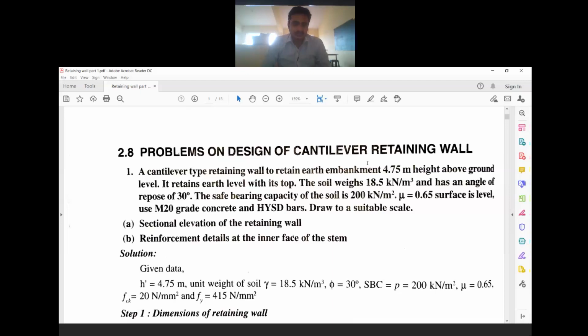Basically we have two types of retaining walls we will be designing in this subject. One will be a cantilever type of retaining wall. Another type is counterfort type retaining wall. Today we shall discuss the cantilever type retaining wall.